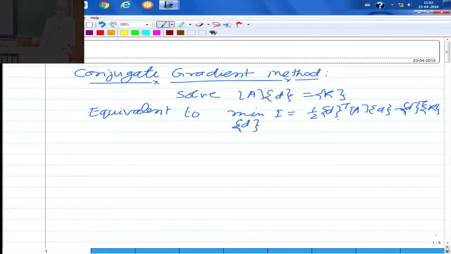Rather than first deriving the set of simultaneous equations, now we want to minimize this integral functional. Of course this is for the assembled system.